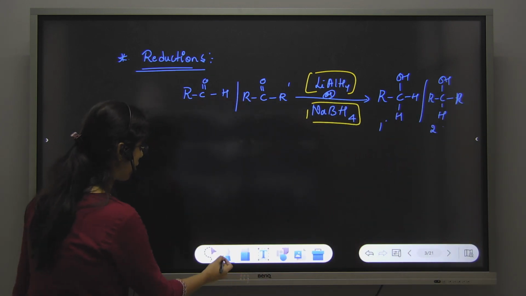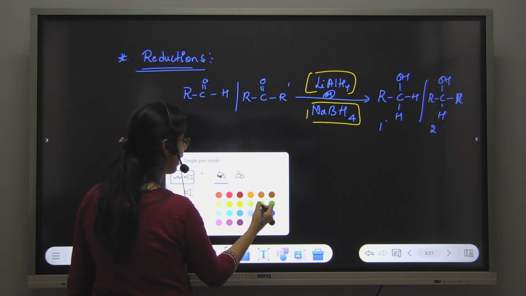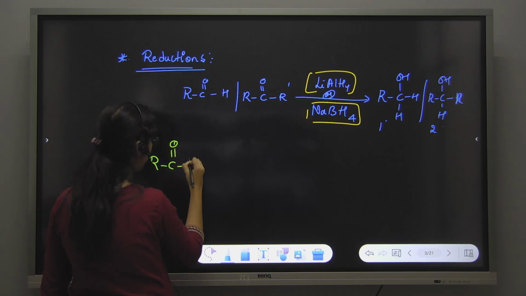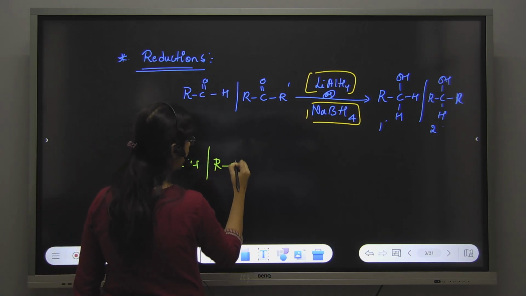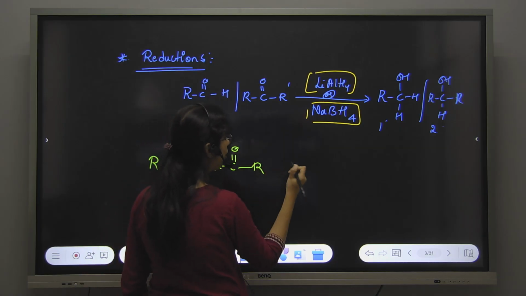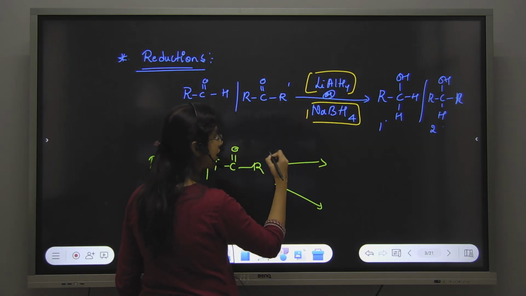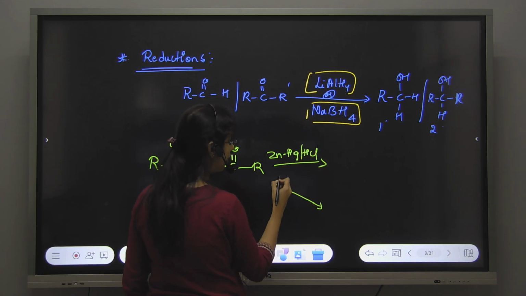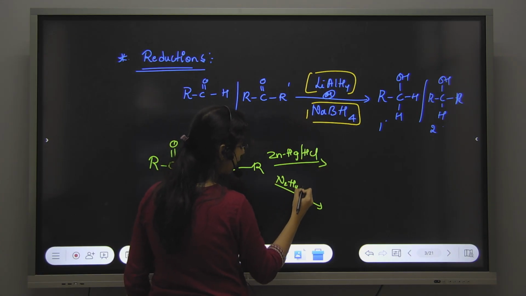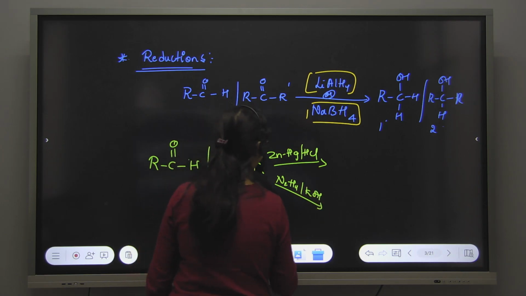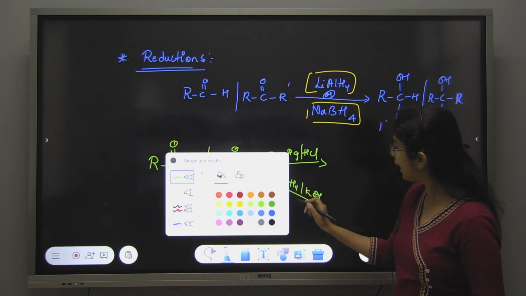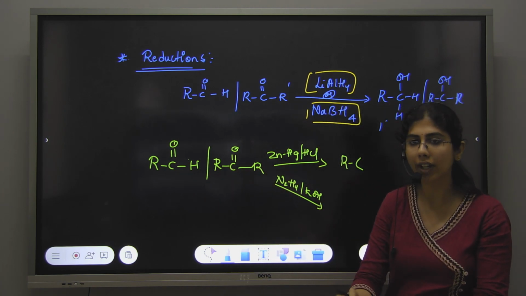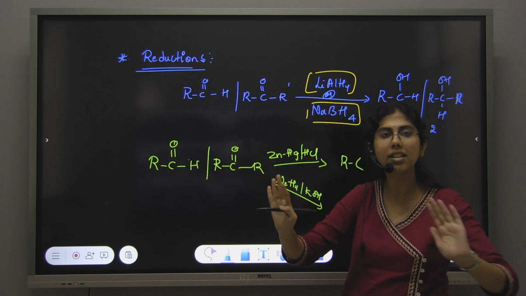Another kind of reduction is where we will not convert this into alcohol. We will convert this into alkane or hydrocarbon. So this reduction can happen in two ways. Aldehyde or ketone, anything you take, you remove this oxygen completely.